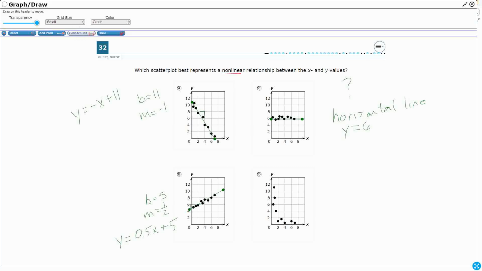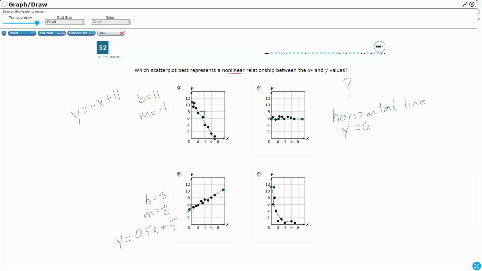Now, if I am going to use the connect line feature here, hopefully what we're noticing is you can't. There's no way. It just gets really spread out down there at the bottom. Honestly, if you're familiar with exponential functions, that's what this looks like.